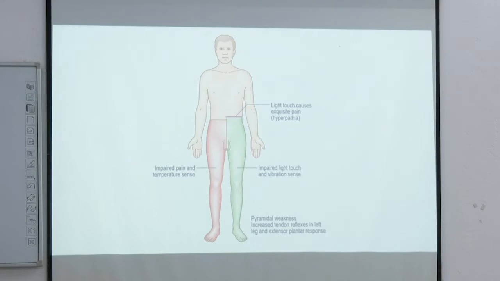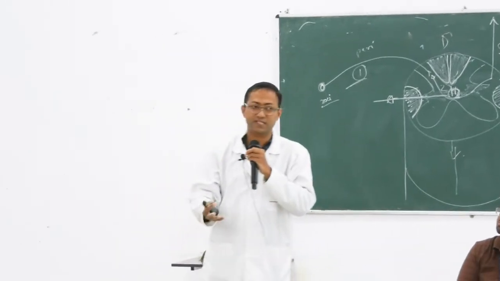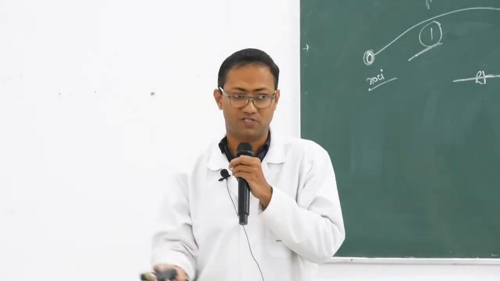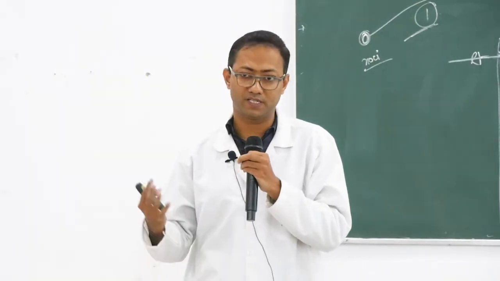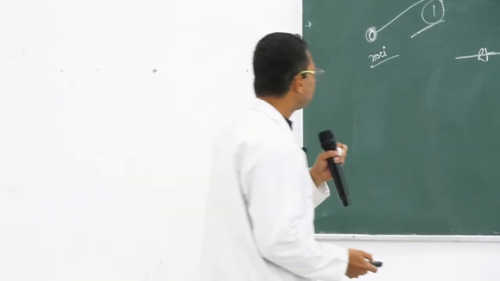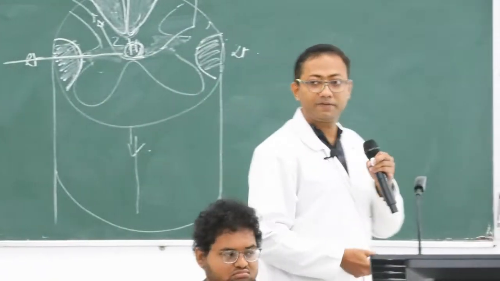The spinothalamic tract, which is carrying your pain and temperature sensation, starts from here, and once inside the spinal cord, it immediately crosses to the opposite side and goes up, right? So that is why pain and temperature loss will be on the opposite side, and your vibration sense loss, proprioception loss, joint position sense loss will be on the same side. This is Brown-Sequard syndrome. Very important question, please remember. Okay? Clear everyone?